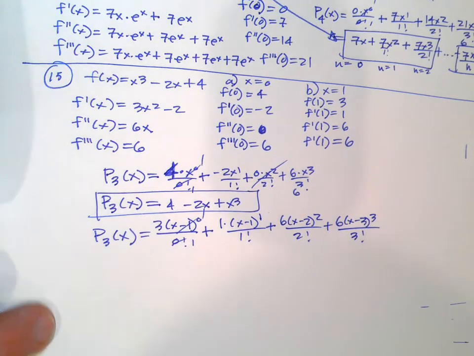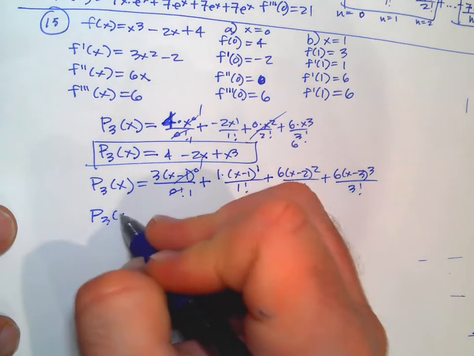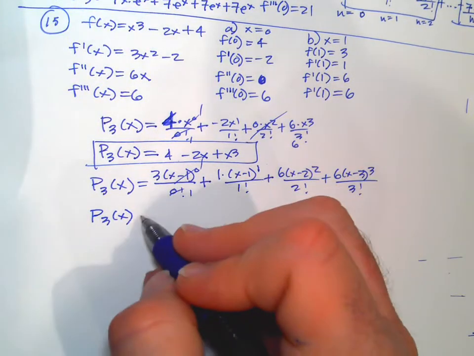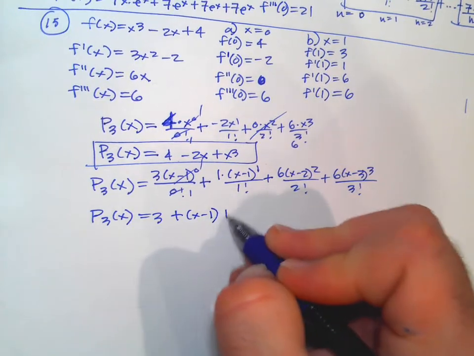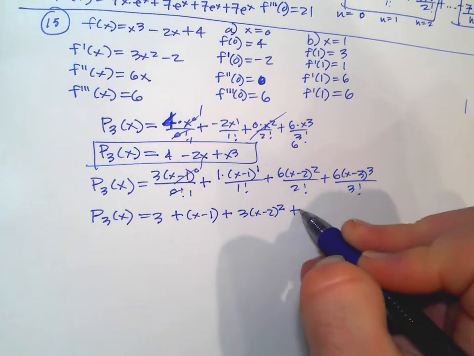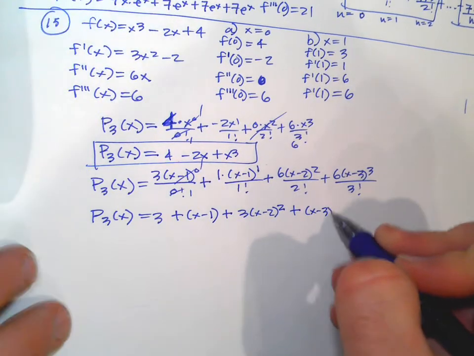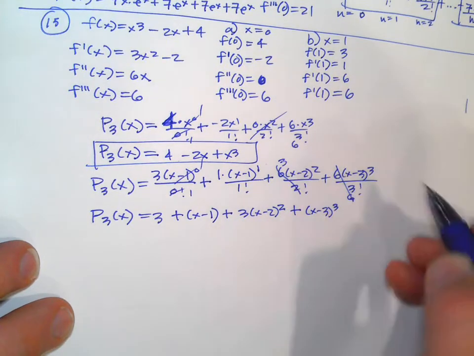Now the nice thing is you get to leave these in here with those powers. You don't have to totally simplify it, but we're going to have 3 here, plus x minus 1, plus 3 times x minus 1 squared, plus x minus 1 cubed. This is 6, so those cancel. This is 2, so that would be just 3.